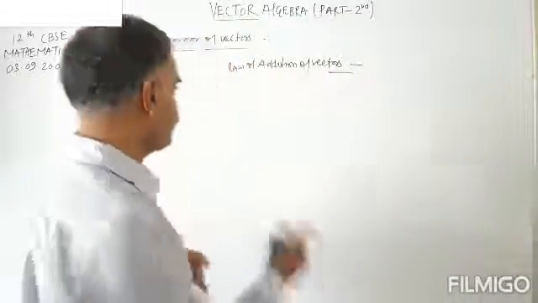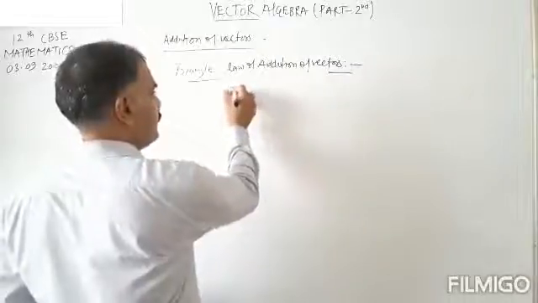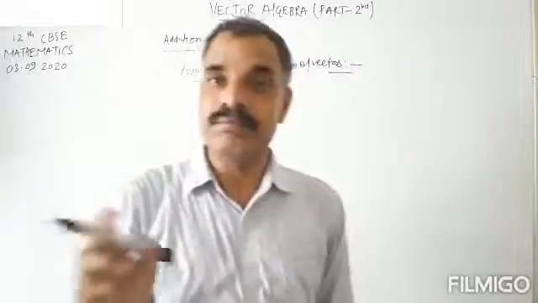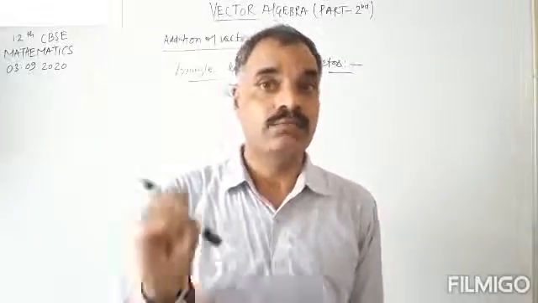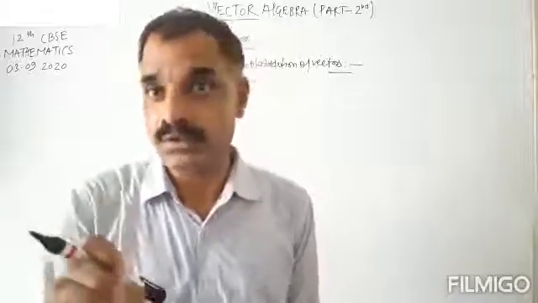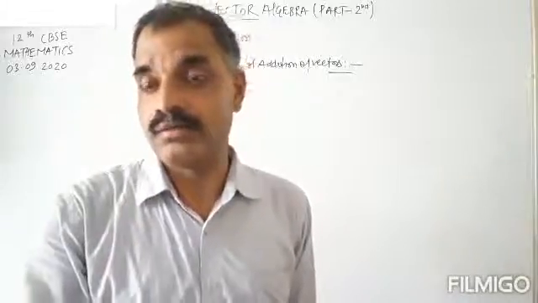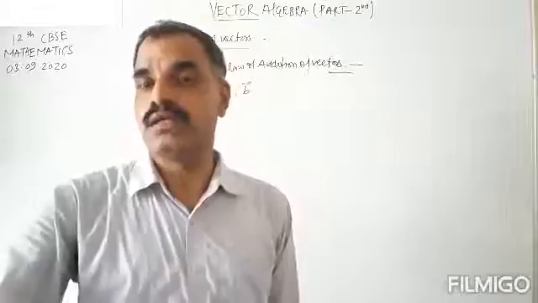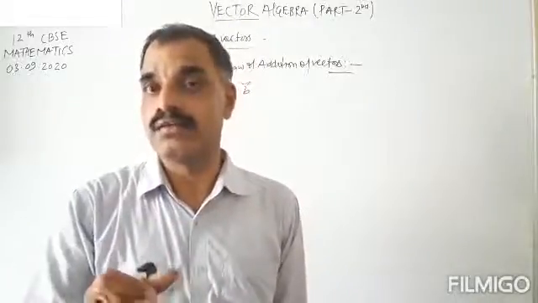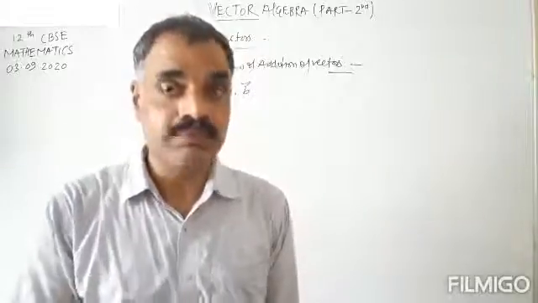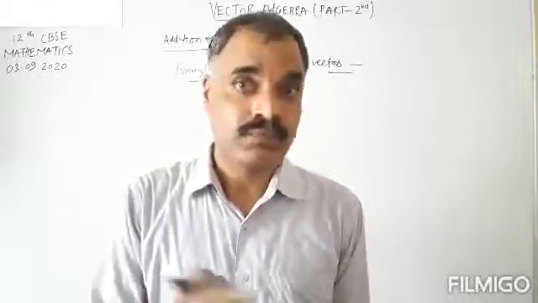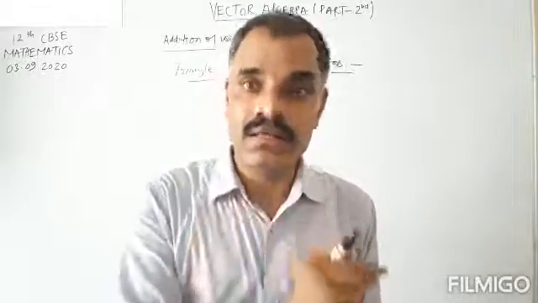We are considering again the two vectors A vector and B vector, and these two vectors in magnitude and direction are representing any two sides of the triangle in the same order, in the same direction. Then their sum A vector plus B vector is represented by the third side taken in the reverse order.